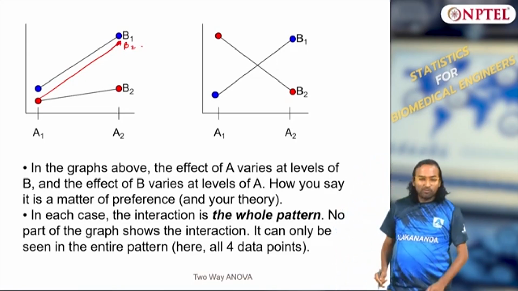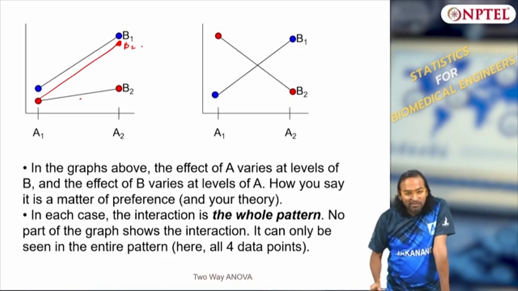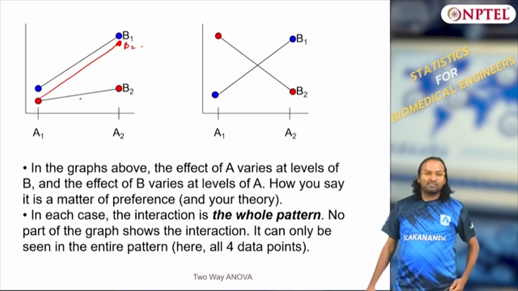You saw this graph. In the graph I made, there are 2 lines already, and I draw a third line at B2. Which one has more interactions?